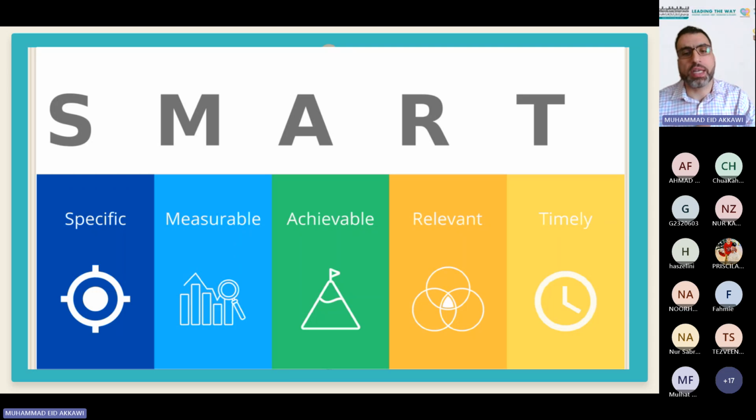And also R stands for relevant. Sometimes they say realistic, and also relevant, but here in this context it is relevant. Relevant to what? Relevant to your introduction, context, and background, and relevant to your problem statement.